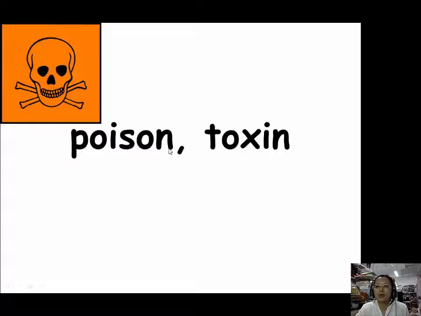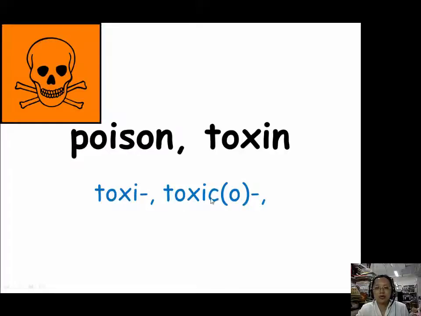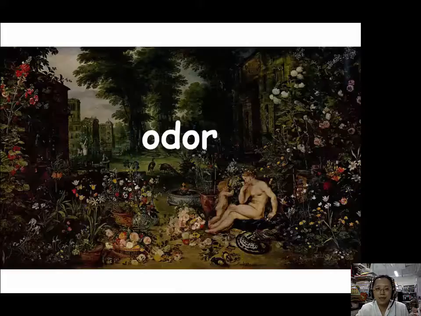And for poison or toxin, we could use toxi, T-O-X-I, or toxico, T-O-X-I-C-O, or toxo, T-O-X-O, or we could put toxin, T-O-X-I-N, at the end of the word, but toxin is not officially a suffix.